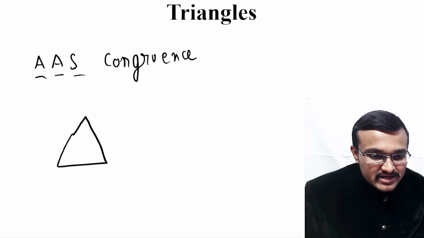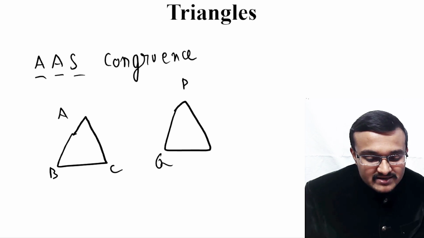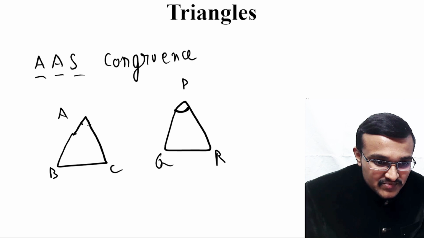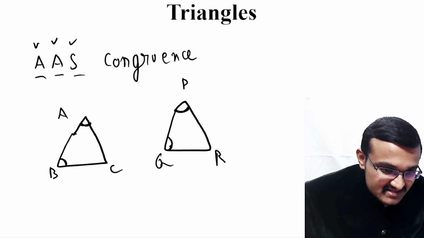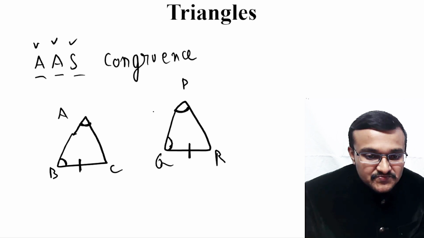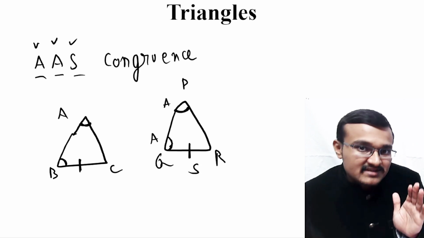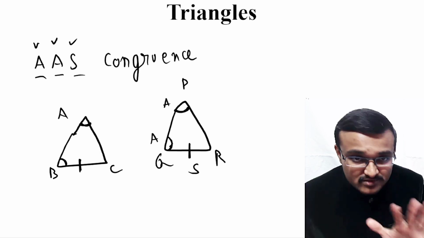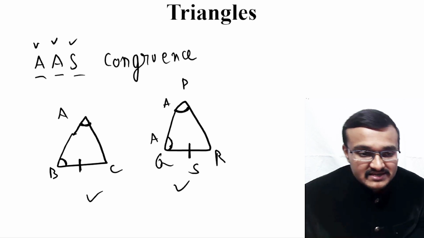If you are considering two triangles like this, one is ABC, and if you are considering PQR as the other triangle, then you have to consider this angle, then the next angle is this angle, and the next immediate side is this particular side. So if the corresponding angle, angle, side are equal to each other in both the triangles, then these two triangles will be congruent with each other.